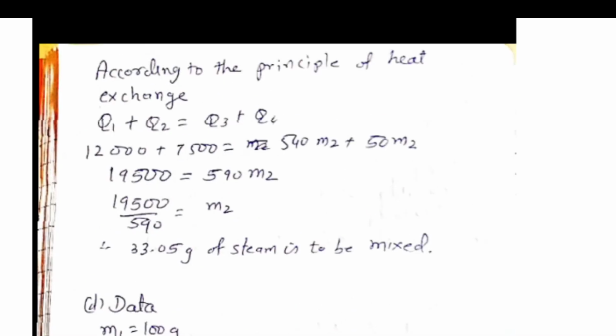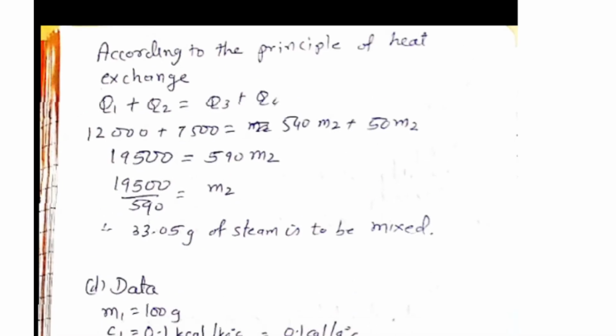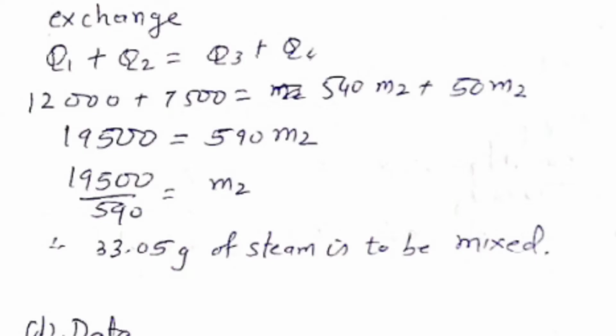According to the principle of heat exchange, we have Q1 plus Q2 is equal to Q3 plus Q4, right? So we have 12,000 plus 7,500 is equal to 540 M2 plus 50 M2. So 12,000 plus 7,500 is 19,500, and on the right hand side 540 plus 50 is 590.